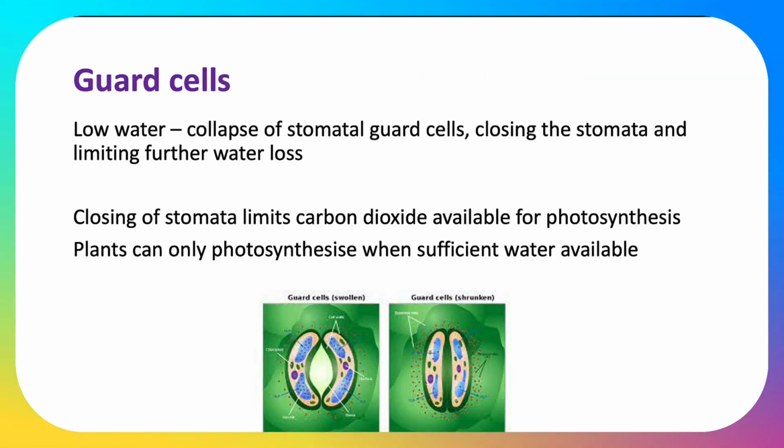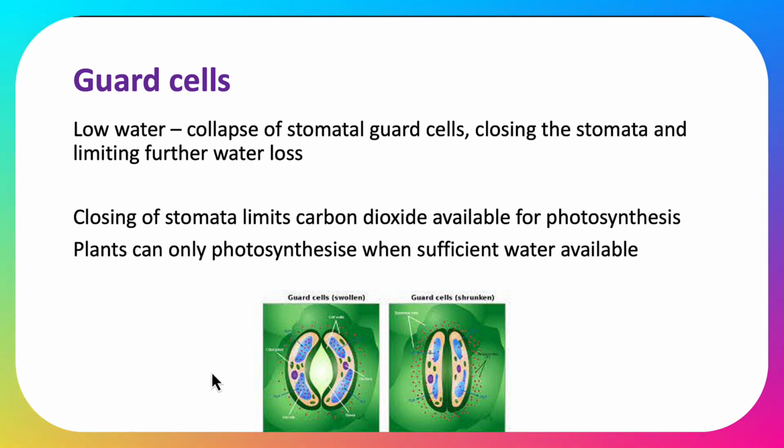So now let's have a look at the stomata. Okay, so stoma is the individual or the singular, stomata is the plural, and a leaf has hundreds, if not thousands, of stomata, and each of them is controlled by two guard cells. So the guard cells open the stoma when the guard cells are swollen.